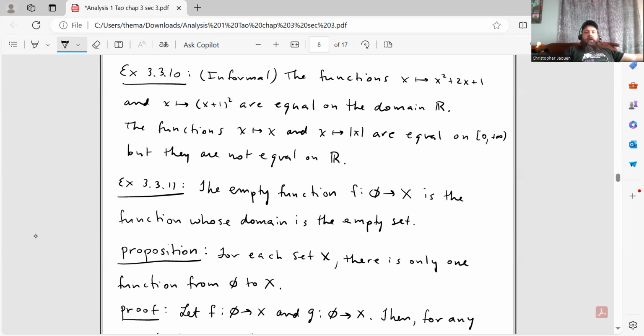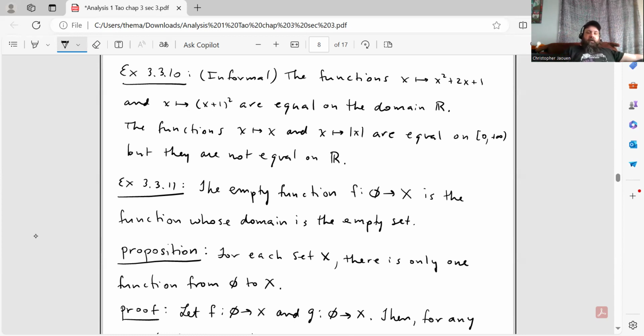The functions x to x and x to the absolute value of x are equal on the set of non-negative real numbers, but they are not equal on the set of real numbers. They disagree on the set of negative real numbers, right? For example, for the first function, if x is -1, then y is -1, whereas for the second function, if x is -1, y is +1.